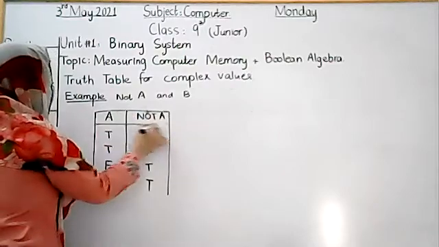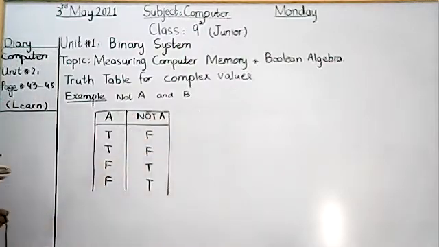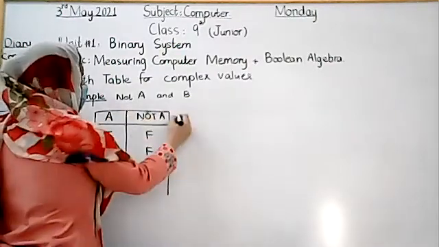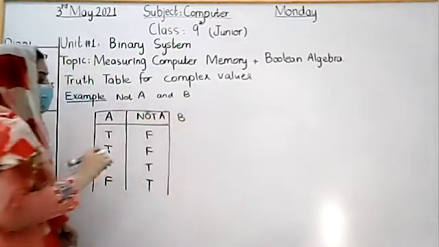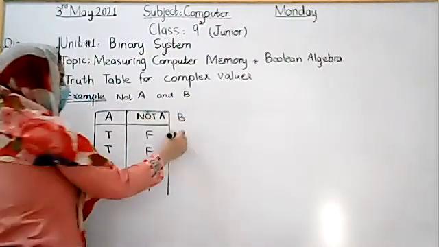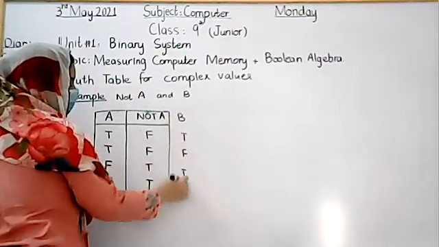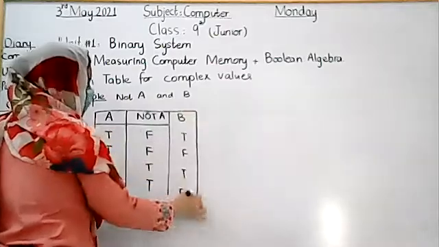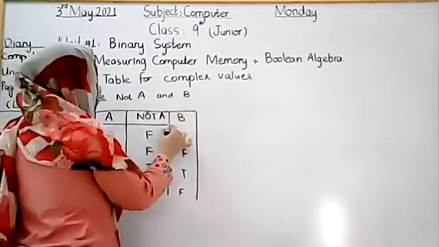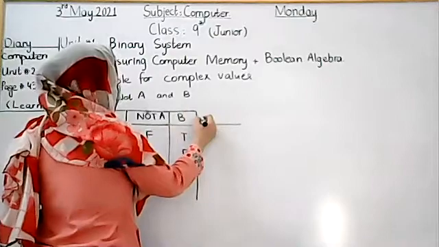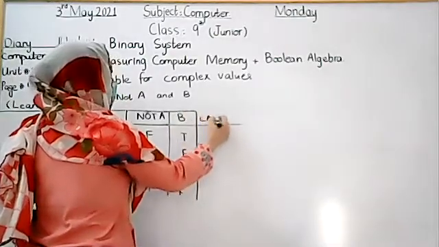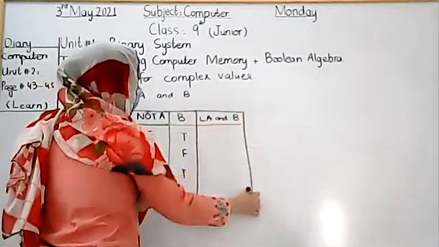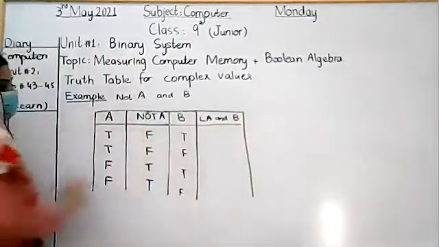Okay, here we can see that we did it for NOT A. Now we will go for NOT A and B. So first of all, we will have the B column, and we will go for the values true, false, true, false. Okay. Now we have to multiply NOT A and B, means the AND operator between these two columns.